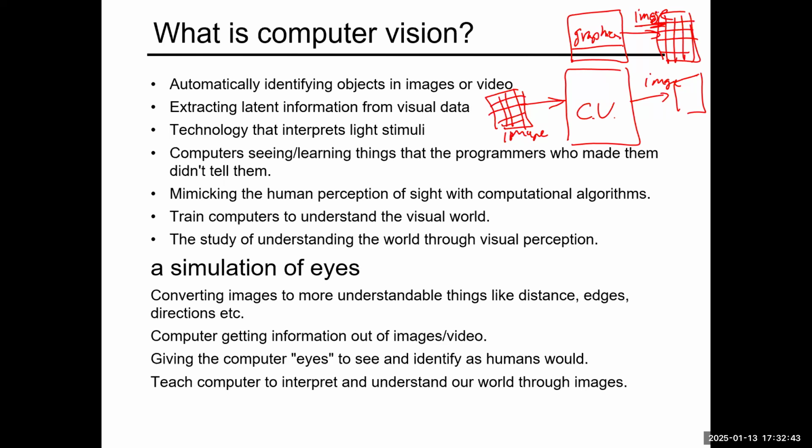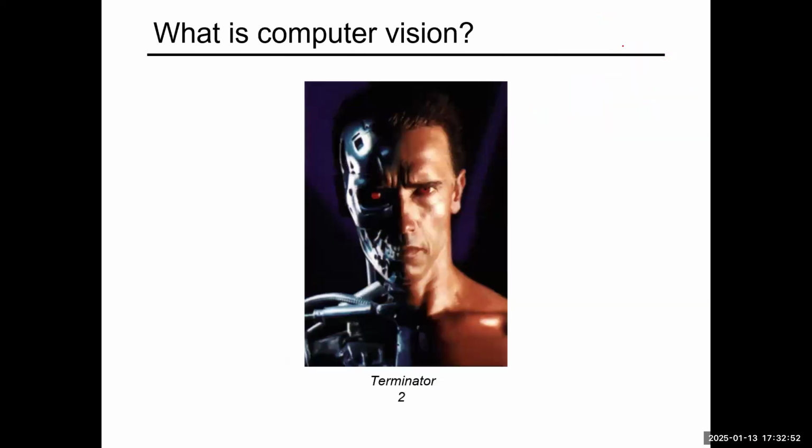For computer vision, we are expecting the algorithm to build something like this. Of course, you know this, right? Anyone doesn't know what it is? Terminator. So it's a highly functional robot or computer, something that has eyes and can make decisions based on whatever it can capture with these eyes.